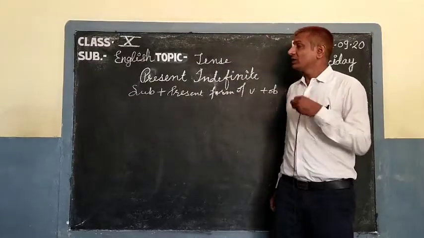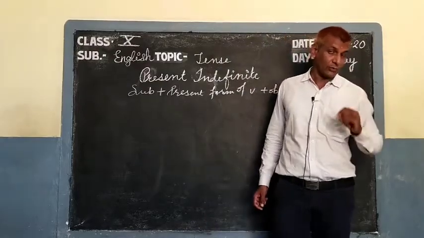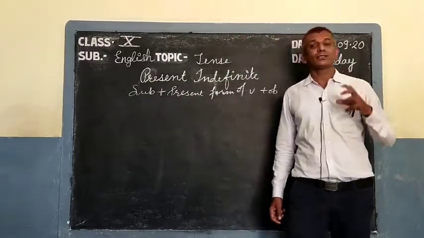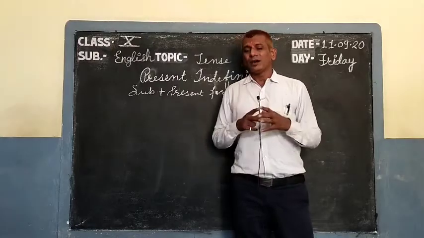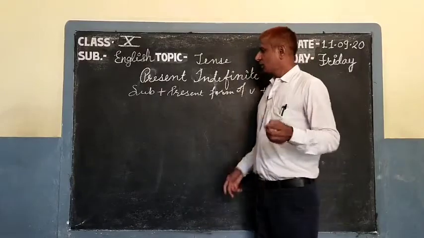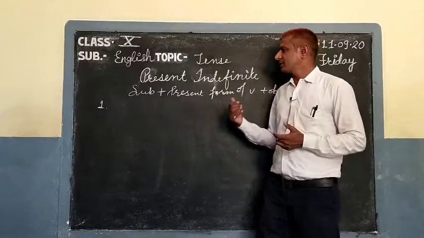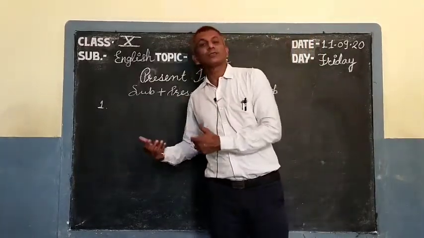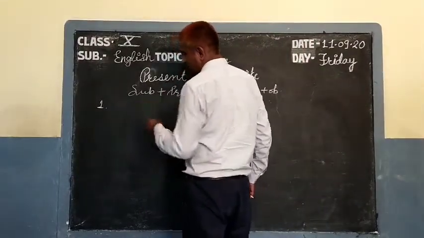I also told you where we use the present indefinite tense, and these things will help you understand it very well. And before that I told you about verbs in present indefinite, subject-verb agreement: according to the subject we use the verb. So let's start.